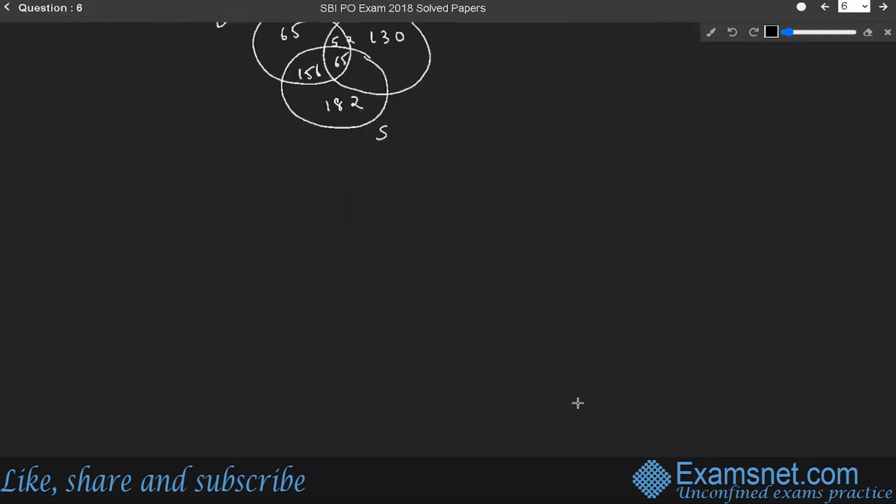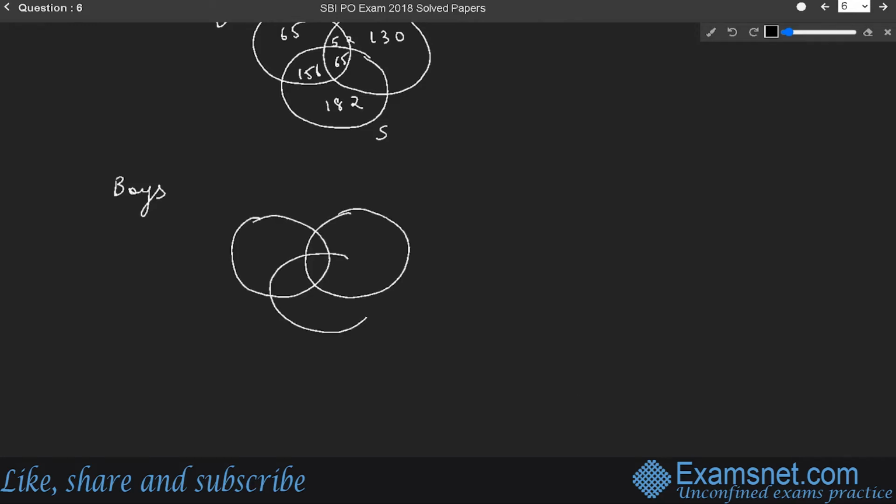Similarly, for boys, it will be again dancing, painting, and singing. So 182, 385, 91, 78, 70, and 104.